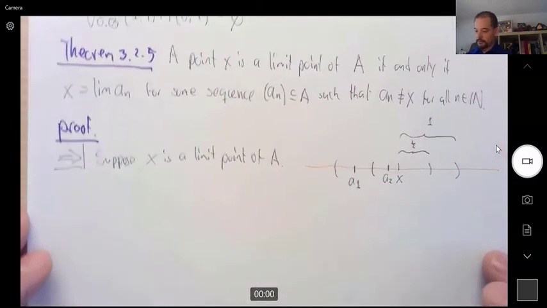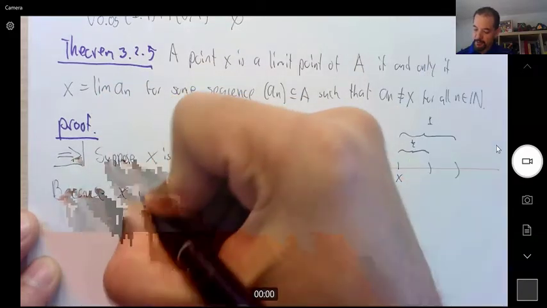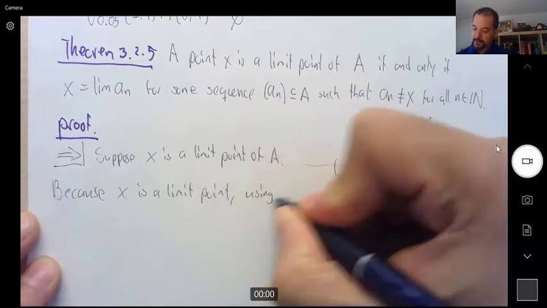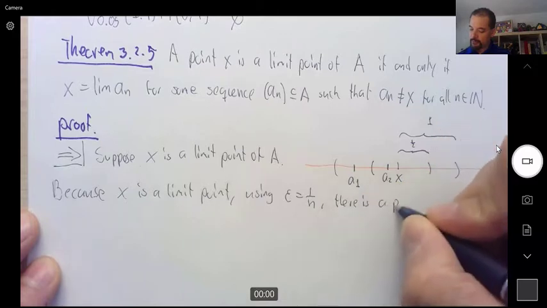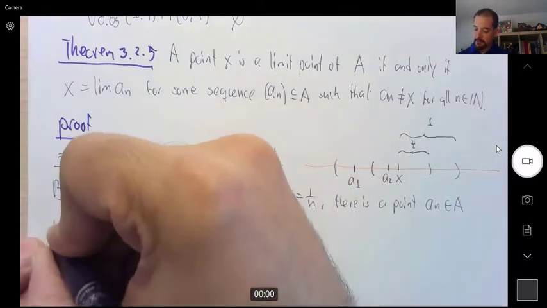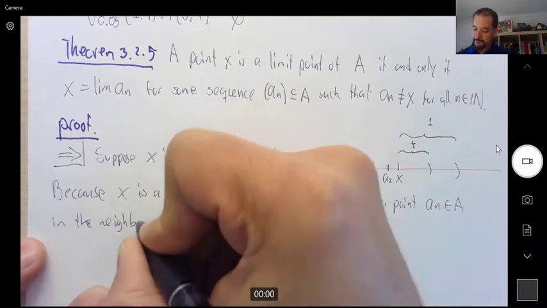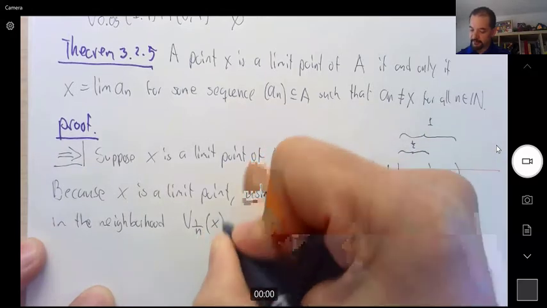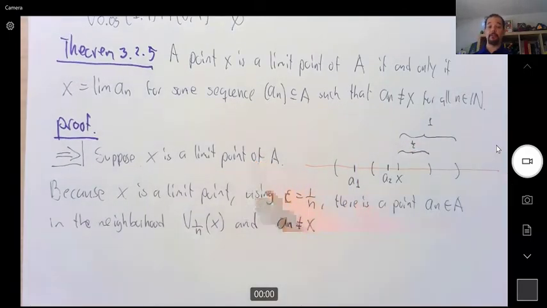So here we go. Because X is a limit point, using epsilon equals 1/n, there is a point a_n in A in the neighborhood V_{1/n} centered at X, and a_n is not equal to X. That's part of the definition, right?